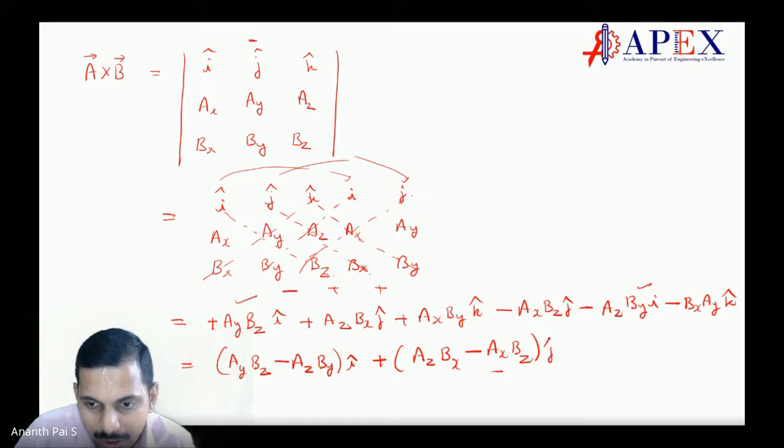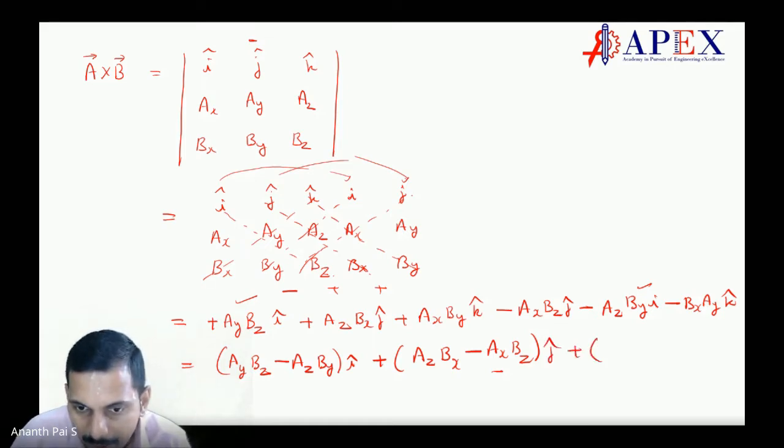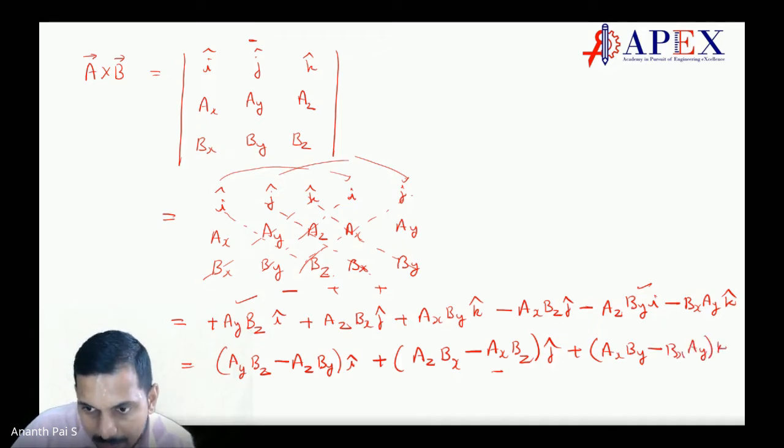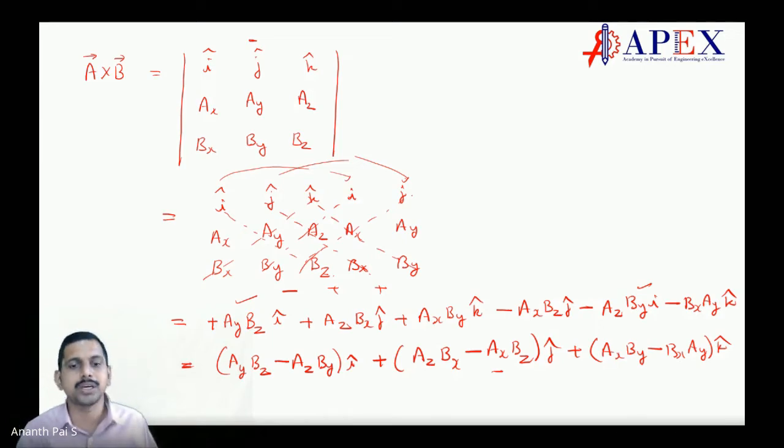So that is J, okay? Then plus, in terms of K, AX BY minus BX AY. So this way we need not worry about minus and going here and there. There's a probability that we will miss.